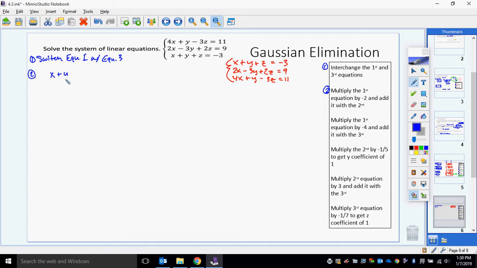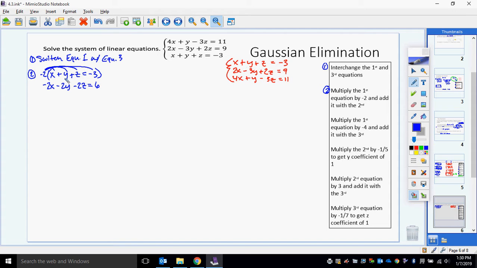Okay, so step 2 here, again, we're writing small on these, is to take your top equation and multiply it by negative 2. Remember, I'm multiplying everything by negative 2, including the y, z, and the 3. A negative times a negative would be a positive. Okay, so I've changed equation 1, just a manipulation for now. It's not permanent.